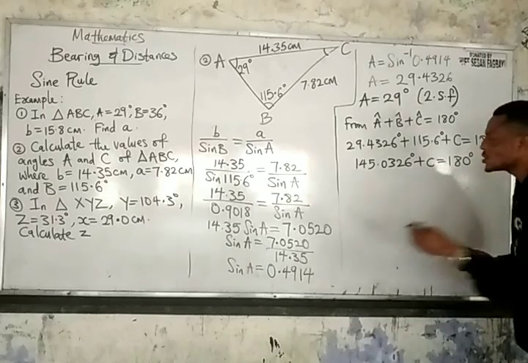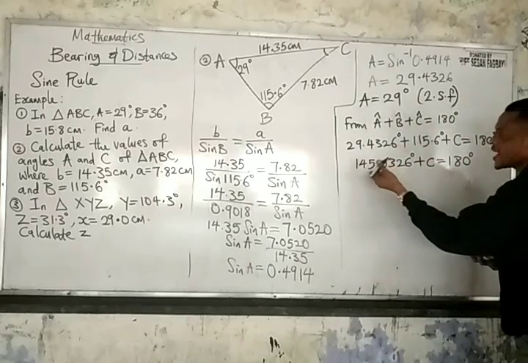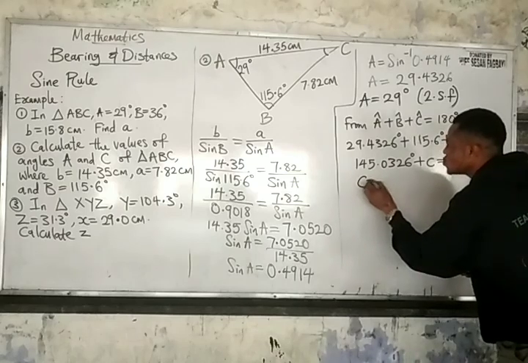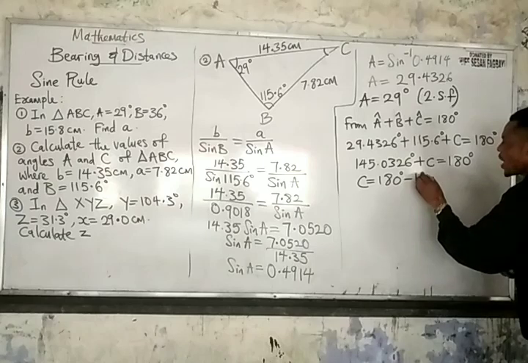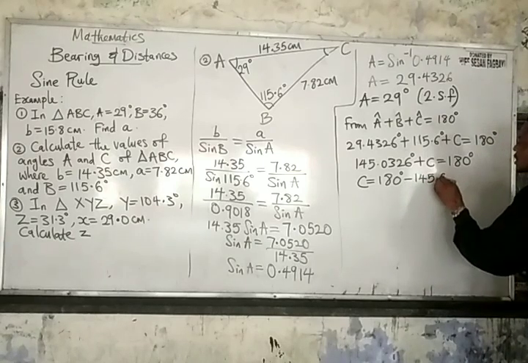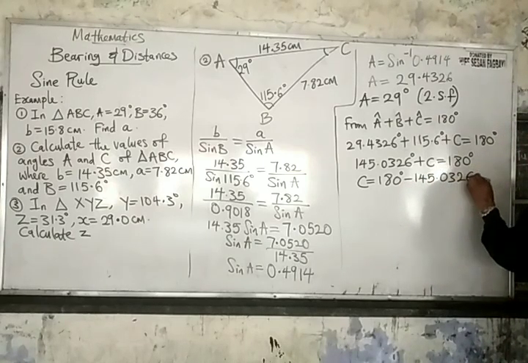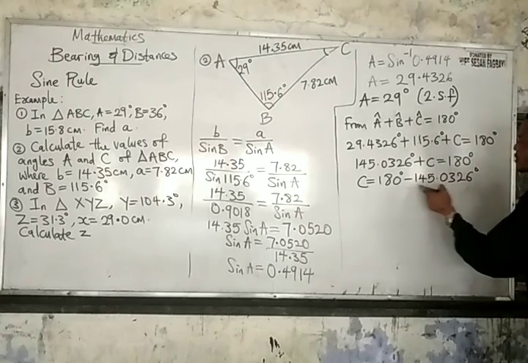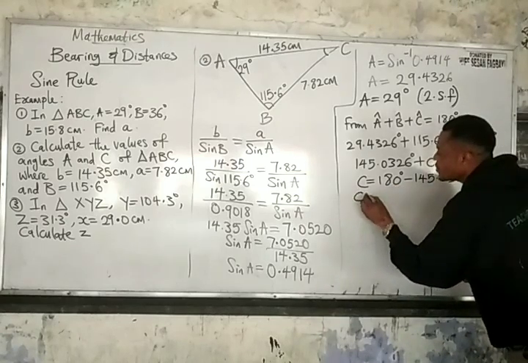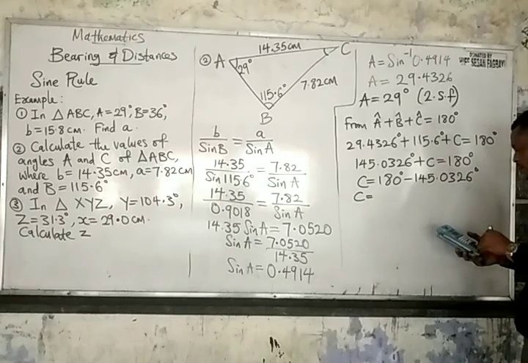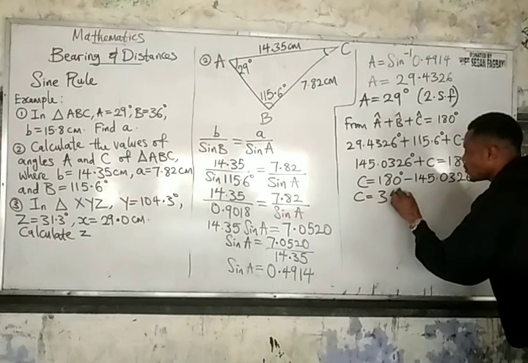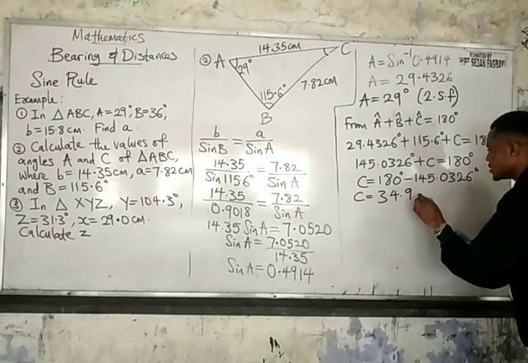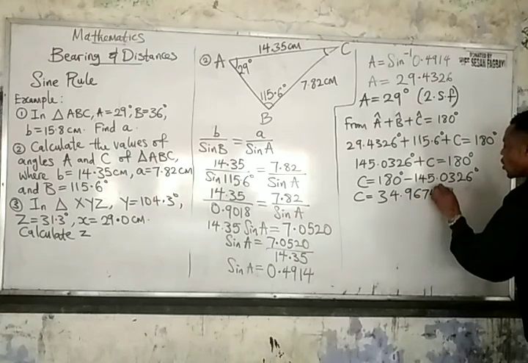By making C subject of the formula, this comes to the side and the sign will change. So we have C equals 180 degrees minus 145.0326 degrees. By the time you remove this from 180, we have C equals 34.9674 degrees.